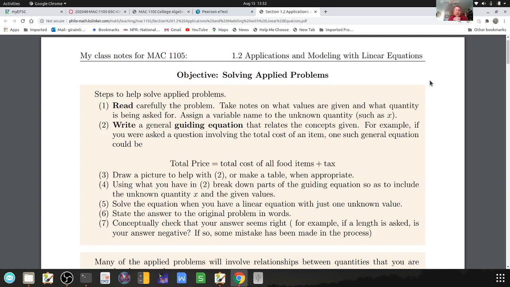Whenever possible, write a really general guiding equation that relates the concepts given. For example, if you were asked a question involving the total cost of an item, one such general equation could be: the total cost is the cost of all food items plus the cost of the tax.